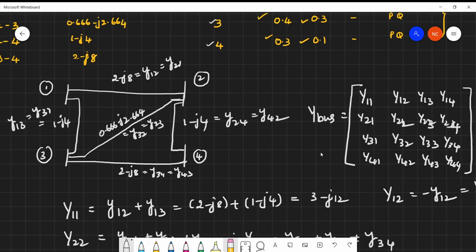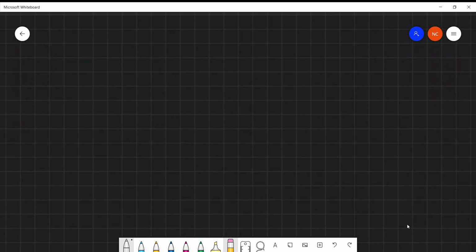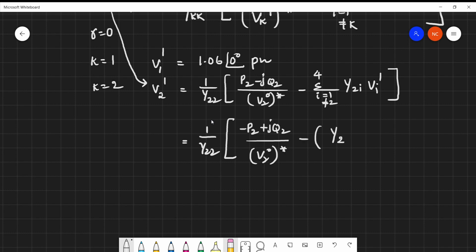Okay, so let us go back to the equation. Here 1 by Y22. P2 will be minus P2 and Q2 will be minus Q2 as well. So minus of minus plus jQ2 will be there, over V2^0 conjugate, minus. I was just expanding the series. Why? I'm counting i from 1. So V1 updated, no matter what the iteration, is going to be 1.06 at an angle 0 itself.